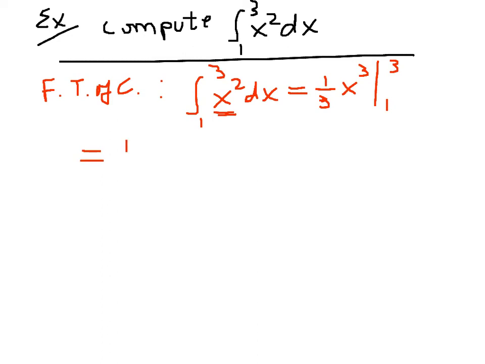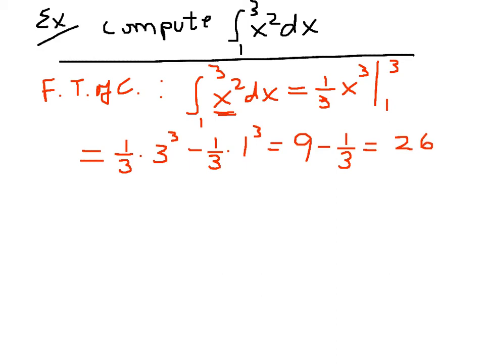And so that equals 1/3 times 3 cubed minus 1/3 times 1 cubed, which is 9 minus 1/3, which is 26 over 3. And hopefully that seems like a familiar number to you at this point. So there you go. That's our first example of how we use the fundamental theorem of calculus to compute the area under a curve. A lot simpler than we did 2 sections ago.